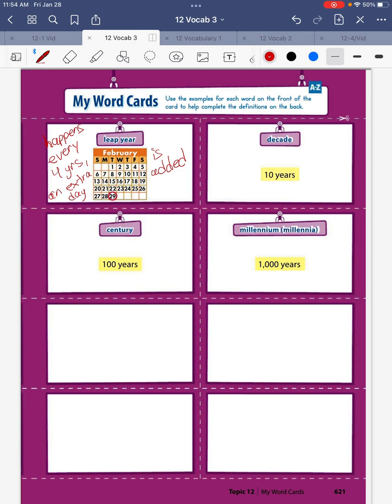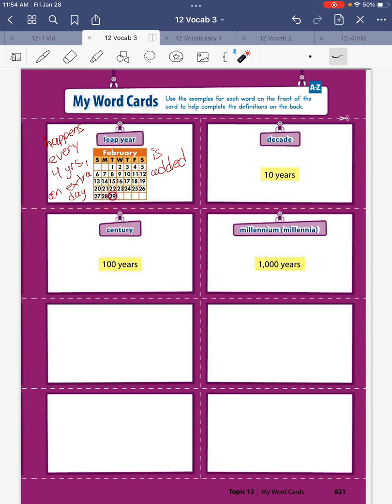So every 4 years we'll have the 29th. If you notice, on some Februaries we only have it end on the 28th, but every 4 years we'll have the 29th. That's a leap year.